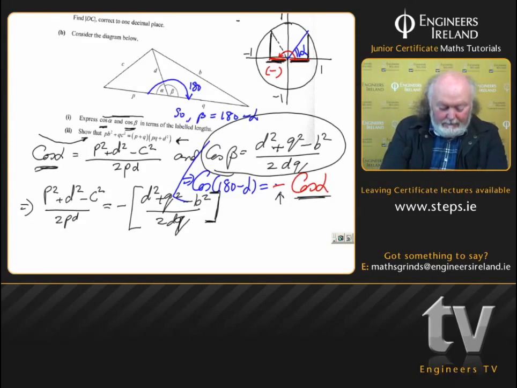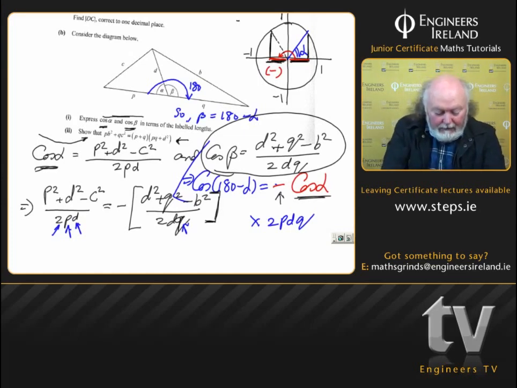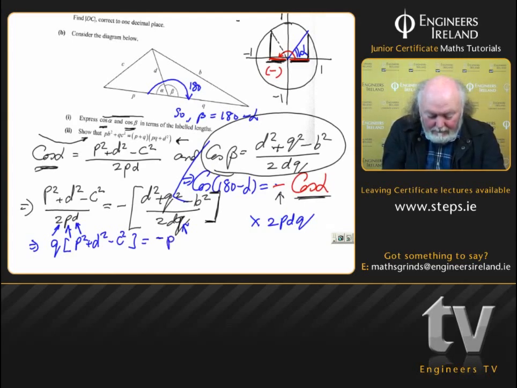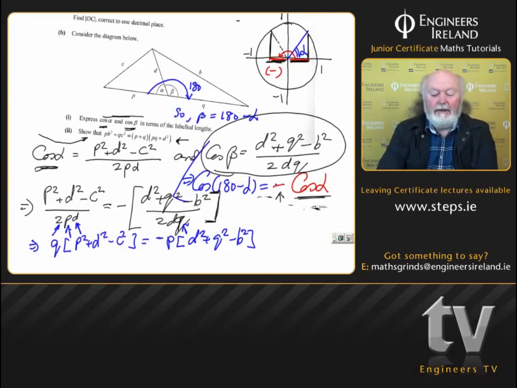If we multiply everything by everything that shows up in the denominators, there's a 2, there's a P, there's a D, and there's a Q. So we're going to multiply across by 2PDQ. That will imply that I'm going to get a Q outside of, and you get to an answer.